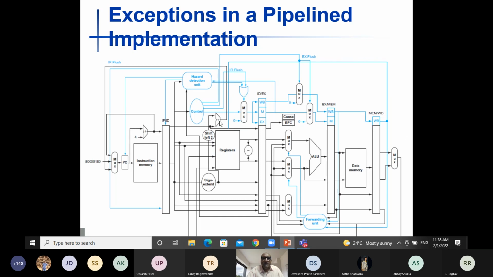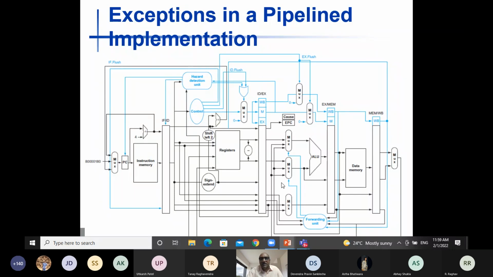At the same time, if the exception occurs, the preceding stages have to be flushed out. Whatever is in the previous registers should be flushed out, which is done using, for example, IF flush. Likewise the preceding instructions will be flushed out, and a no op or bubble will be introduced in the following stages.